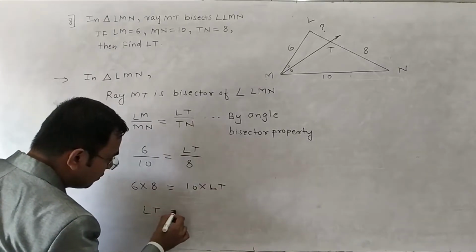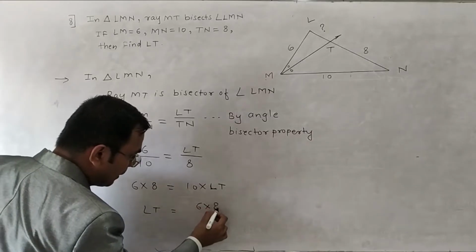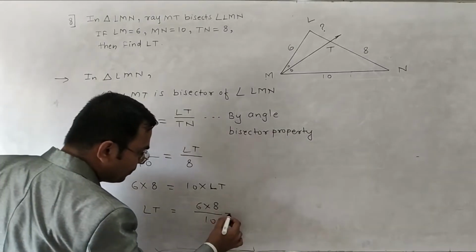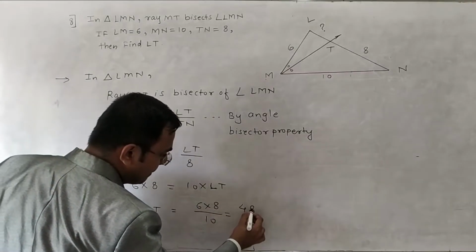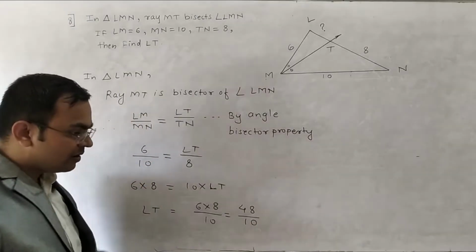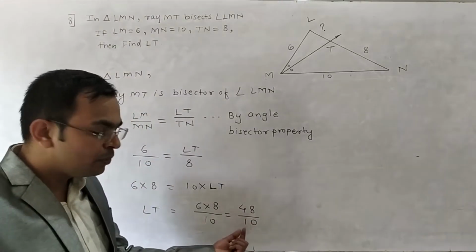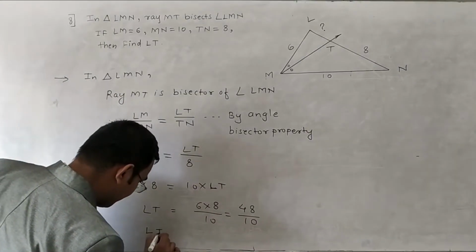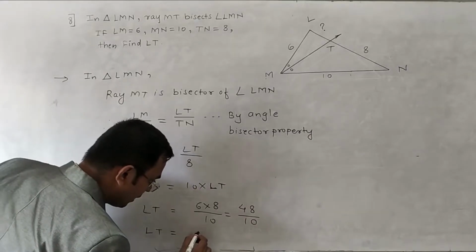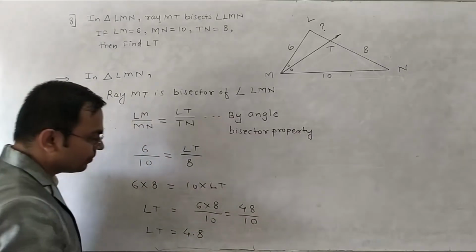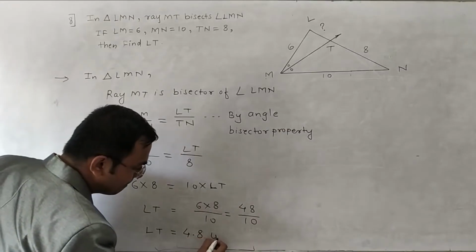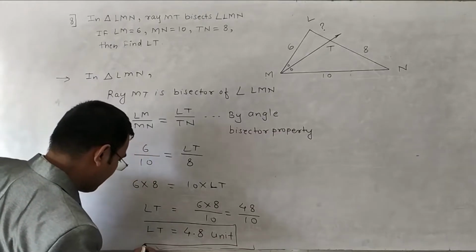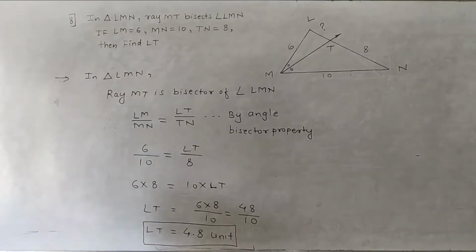So LT is equal to 6 into 8 upon 10, so it will come in denominator. So 6 8s are 48 upon 10. Because of 10 in denominator, we can put a decimal point after one digit from the right-hand side. So LT is equal to 4.8 unit. This is our answer. Write down this.